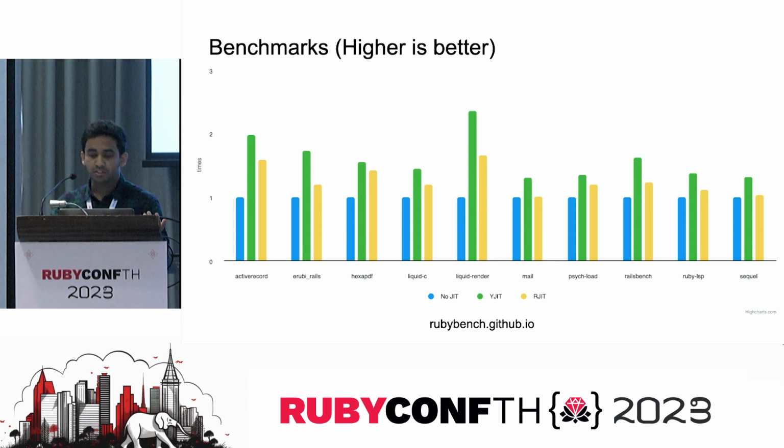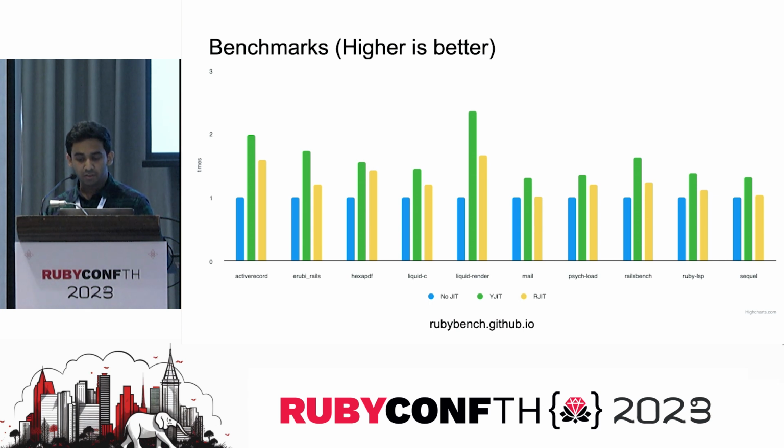But how fast is it? I mentioned JITs are faster than simply running your code. Here if we see the benchmarks, they are from Ruby Bench, which compares your performance from YJIT and from RJIT, and it compares them to a baseline where you don't have your JIT enabled.